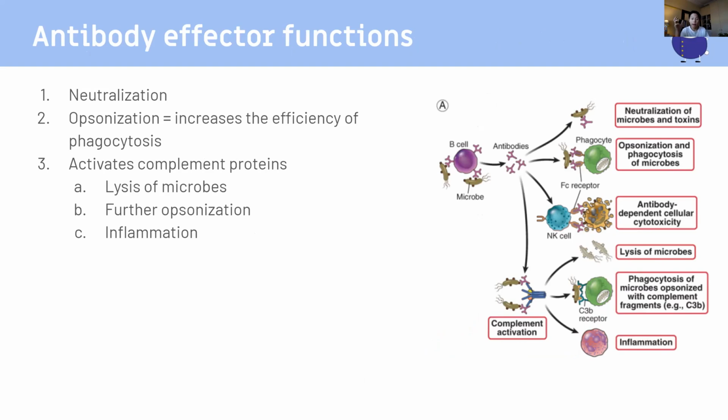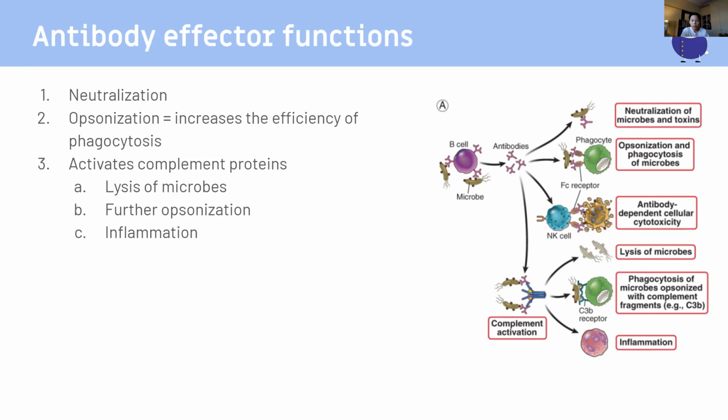Basically, when our antibody is attached to a pathogen, for example a bacteria molecule, it allows our phagocytes, our macrophages, to phagocytose them much more efficiently. That's because the phagocytes have a greater affinity for the antibodies. So that's opsonization, basically the process which increases the efficiency of phagocytosis.